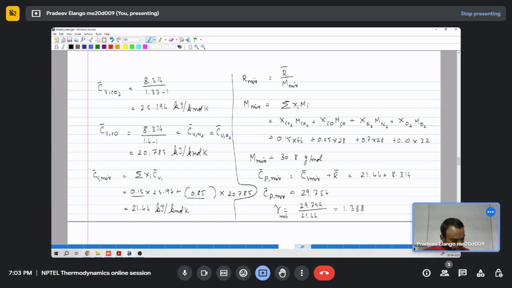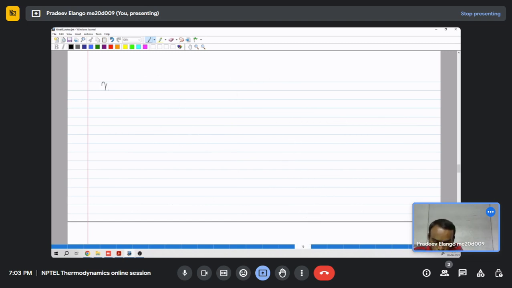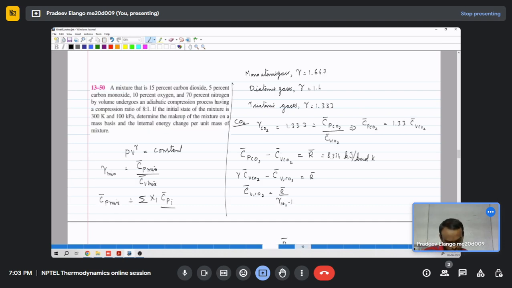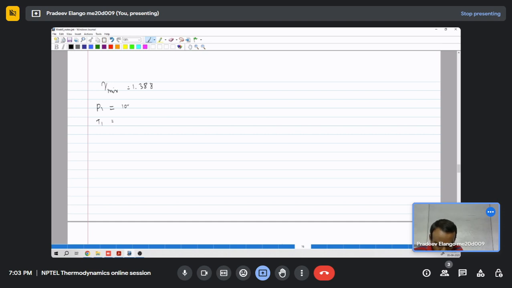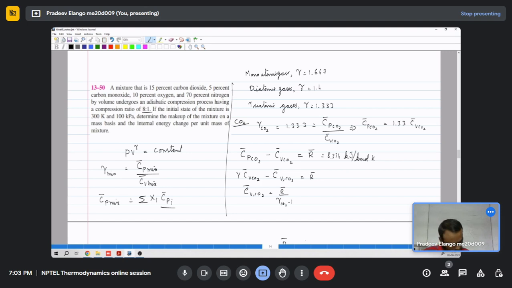So gamma of the mixture is 1.388. P1 and T1 are given: 100 kilopascal and 300 Kelvin. V2 by V1, or the compression ratio, is also given as 8:1.